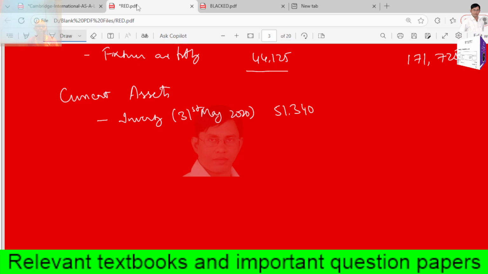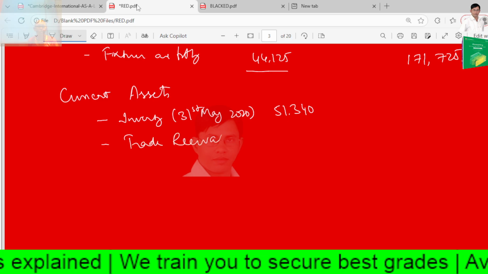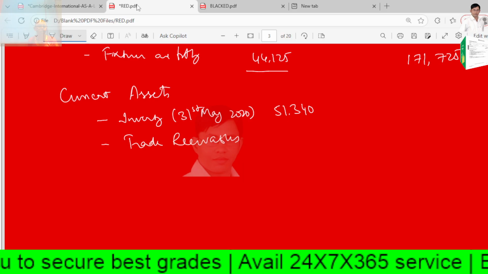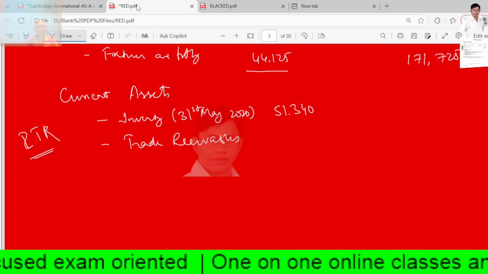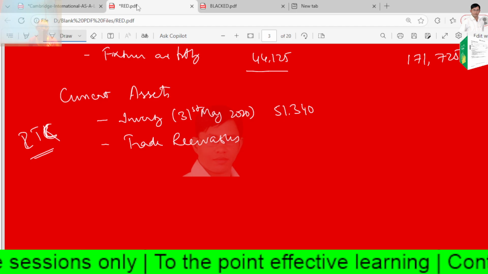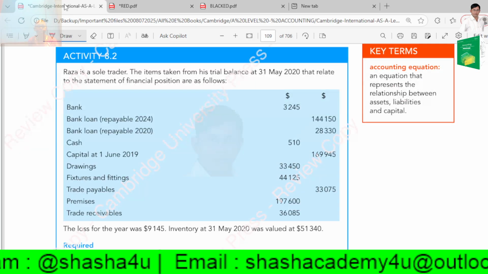Then trade receivables. Remember this as ITR: inventory, trade receivables, and C is cash and cash equivalents. Trade receivables is 36,085.